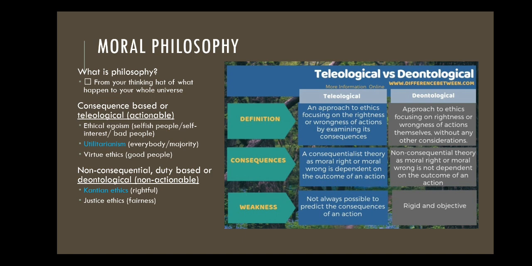Sometimes the thing that we expect does not happen. So that is the weakness of this philosophy. The deontological philosophy, on the other hand, is more rigid and objective.